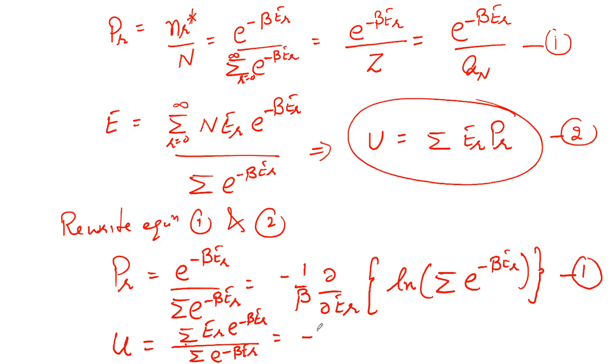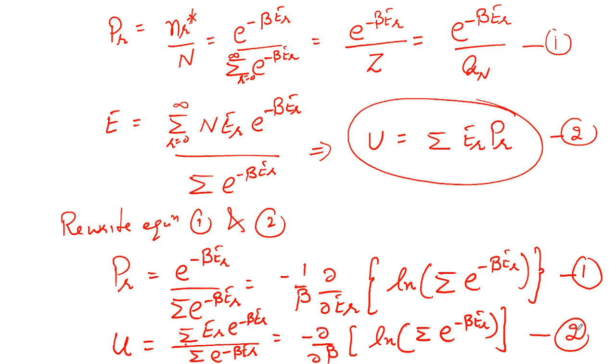I can rewrite this as minus the partial derivative with respect to beta of the log of this partition function, the summation of e raised to power minus beta E_r. If I take the derivative with respect to beta of the logarithm of the partition function, I get the same result.